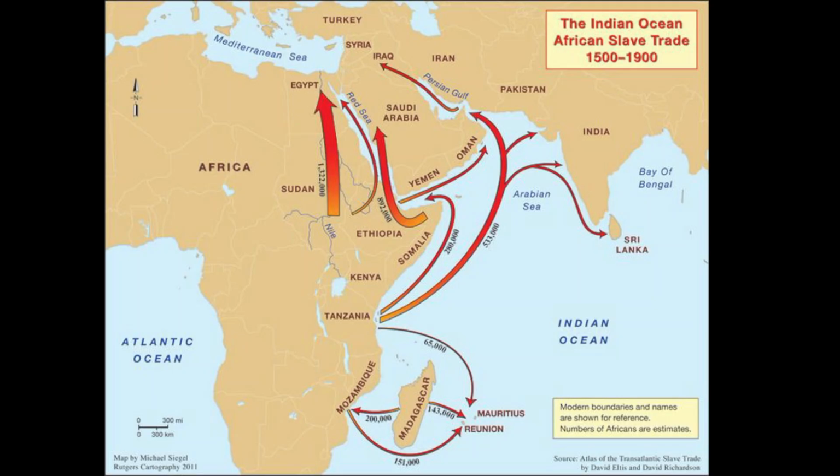Slaves from Africa were brought to North Africa during the trans-Saharan slave trade in order to be sold to Middle Eastern and Mediterranean societies. Slaves were brought from Africa to the Arabian Peninsula via the Red Sea during the trade. The slave trade in the Indian Ocean, also referred to as the slave trade in East Africa, was multifaceted.